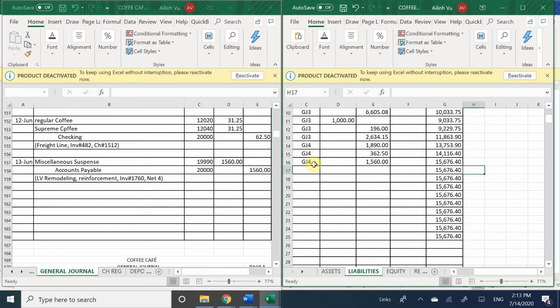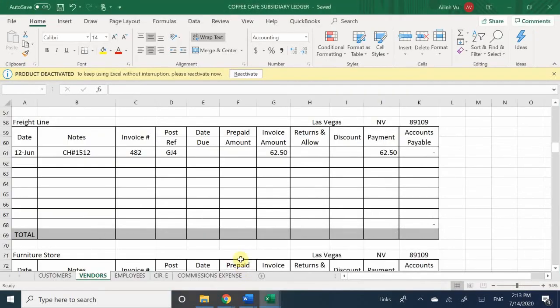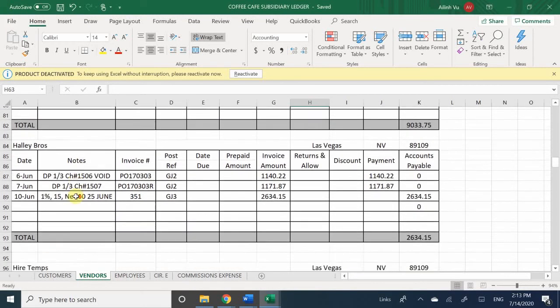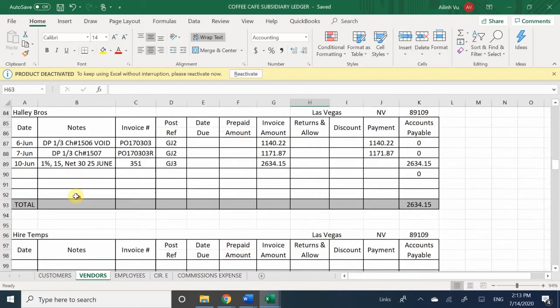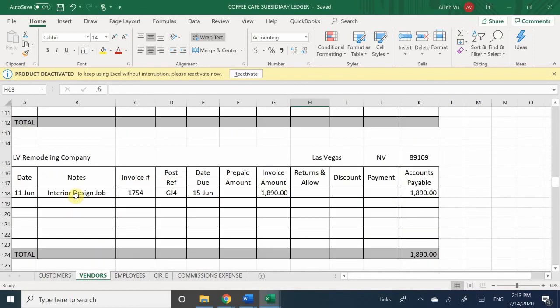Okay. And what do we need to lastly do? Subsidiary account. Yes, we need to update our vendor because we received a bill from the vendor. So we're going to go to LV Remodeling, which should be page 7. LV Remodeling. Okay, we received the bill on the 13th.